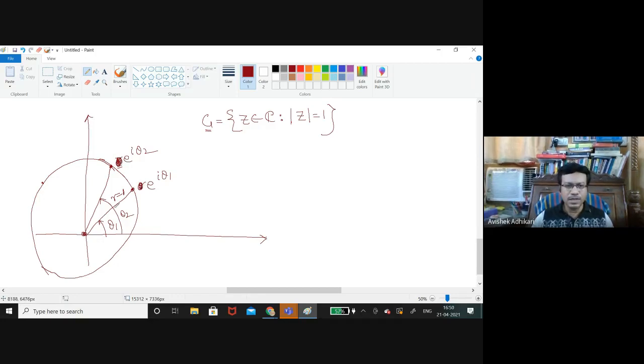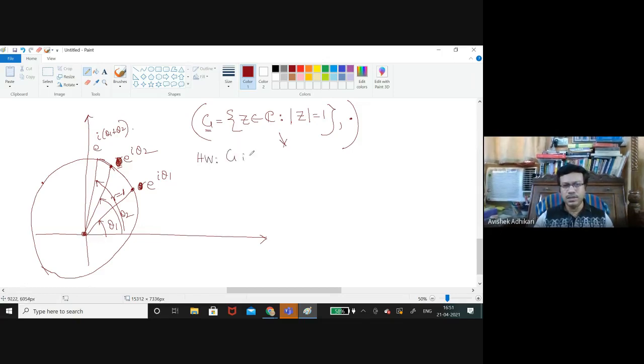Now you can understand very easily, if I multiply these 2, then that may come here, and this value will be e to the power i (theta 1 plus theta 2). And if I consider all such points with respect to multiplication of complex numbers, then you can show that this is a group.